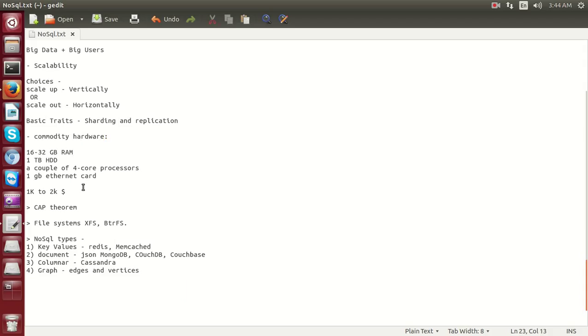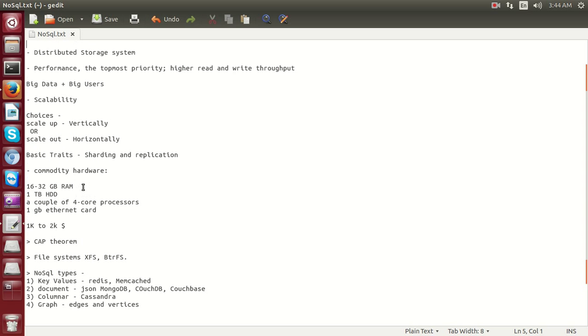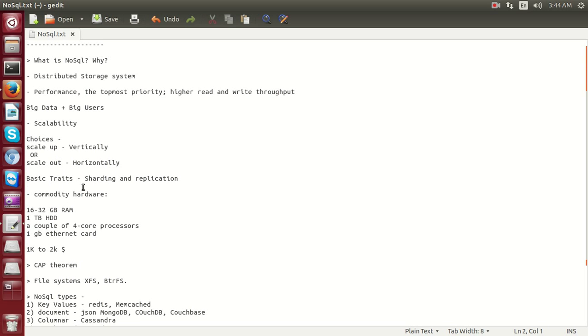So commodity hardware means you have 16 to 32 GB of memory, at least a terabyte of hard disk, a couple of quad core processors, a gigabit Ethernet card, and the most important thing is it is quite cheap. It will obviously come between $1,000 to $2,000. So that's what cloud providers basically provide you.